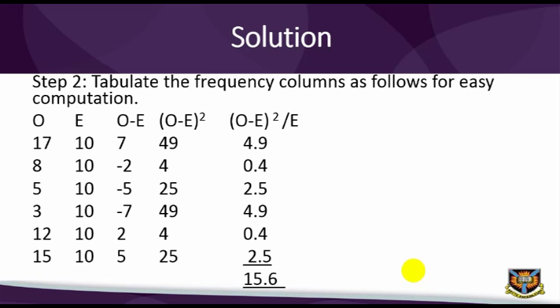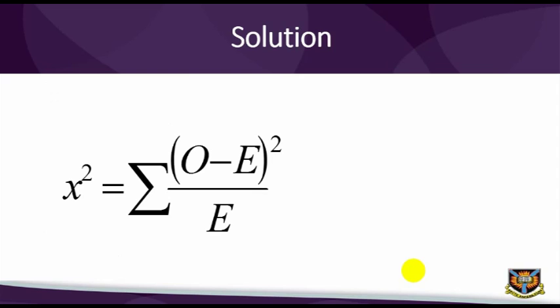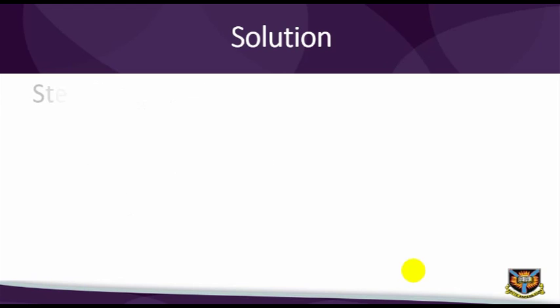Step 3. Compute x squared. X squared is equal to summation of (O minus E) squared over E, which is equal to 15.6. See the procedure in step 2 above. Step 4. Compare calculated x squared with tabulated x squared.